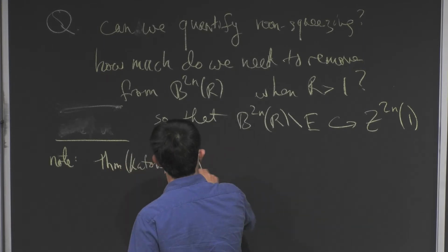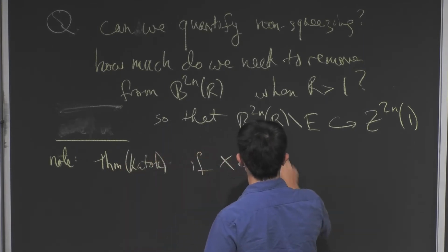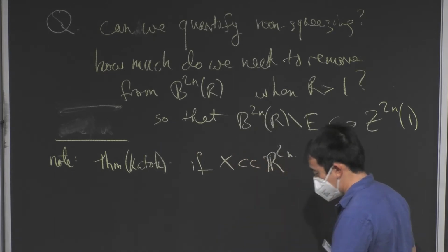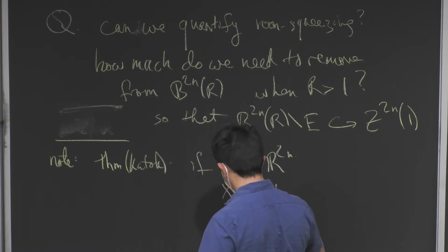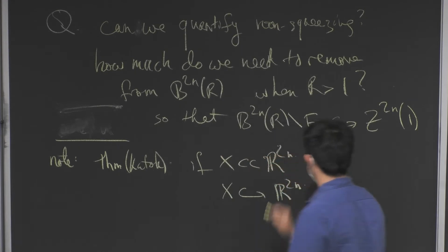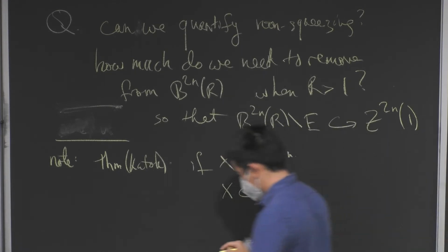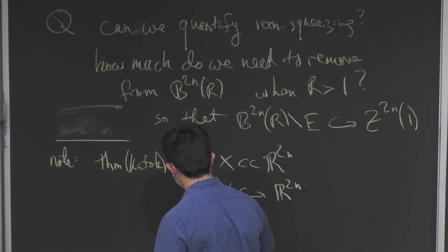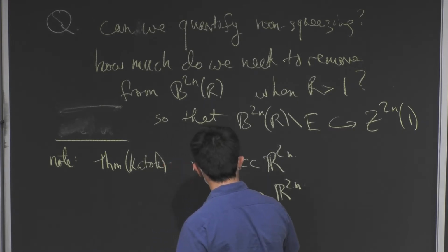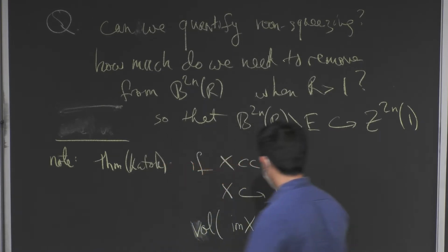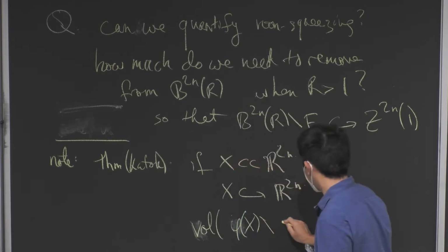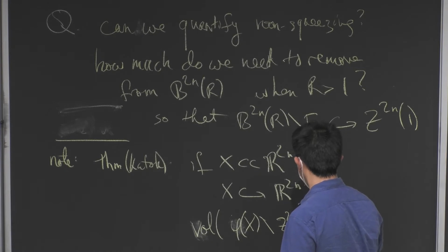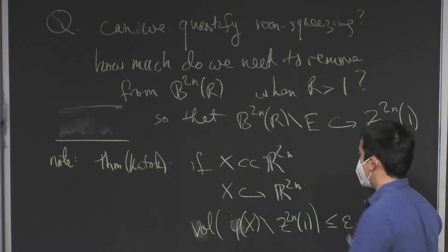which says if we're given a compact set X in R^{2n}, then I can find an embedding such that the volume of the image of X, let's write it as phi(X), outside the cylinder is less than epsilon.